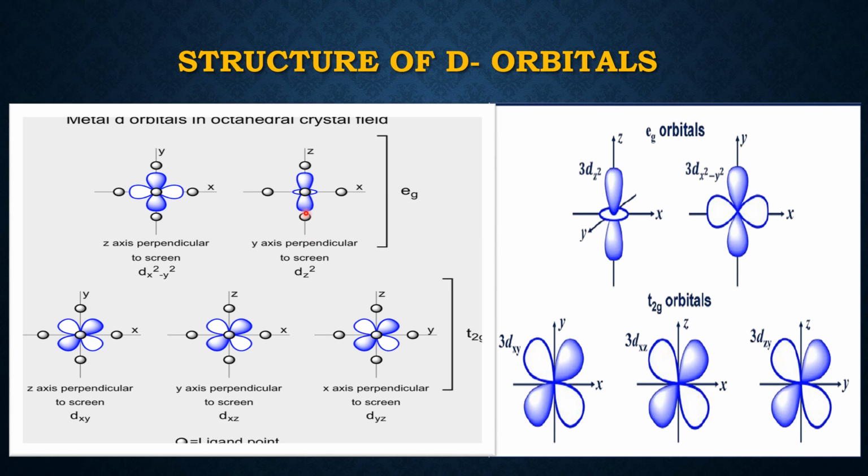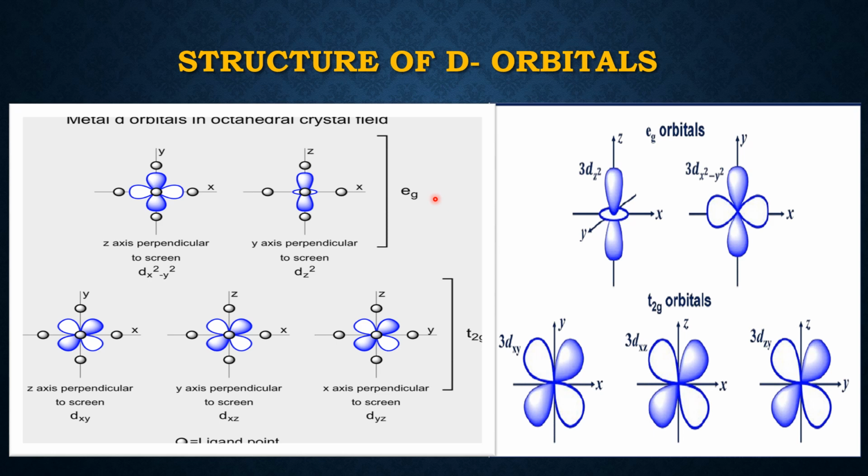lie along the axes. So here we have two sets. One is the in-between set, and another is the along-the-axis set. The in-between set of orbitals is called T2g, and the along-the-axis set is called Eg. The T2g and Eg labels are derived from the quantum numbers as well as the energy of the orbitals. In college or higher studies, you will read the quantum mechanics calculations.